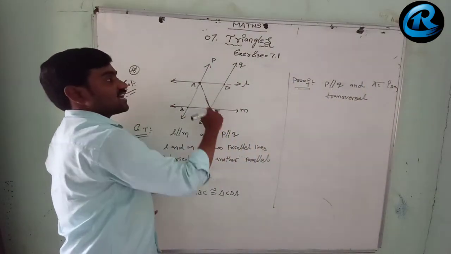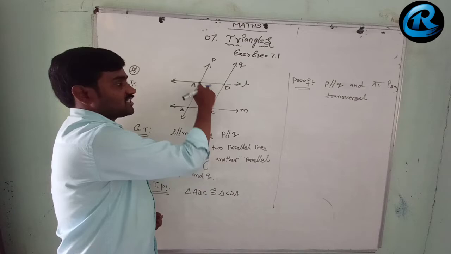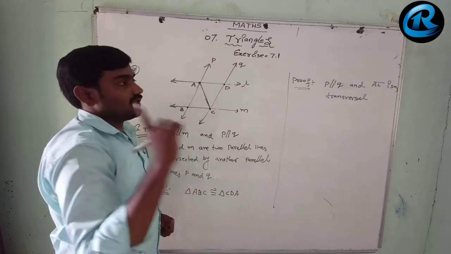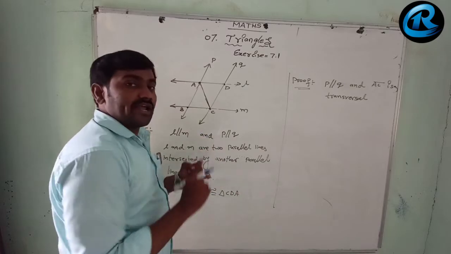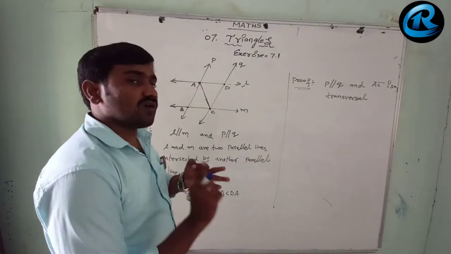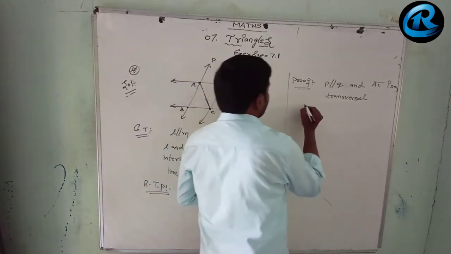These two parallel lines are intersected by this AC, so AC is known as a transversal. This you remember. Now, if they are cut by a transversal, alternate angles are equal, corresponding angles are equal, vertically opposite angles are equal. This we know.